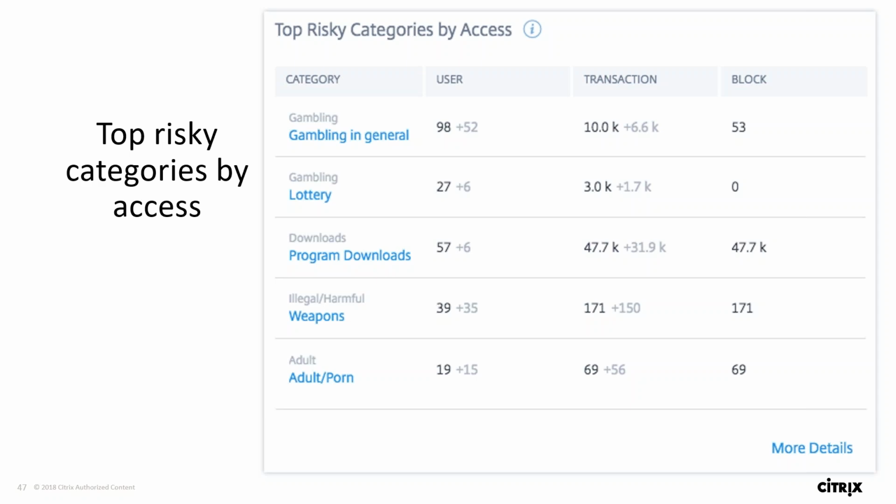It provides details such as the category to which the domain has been categorized, the number of users who have accessed the URL with the increase in trend, the number of transactions by users on the risky domain with the increase in trend of the number of transactions by users on the risky domain for the selected time frame. And again, we get a list of how many transactions were blocked by access control.